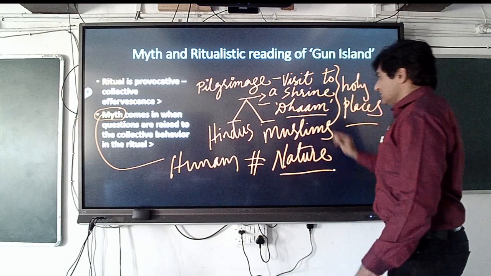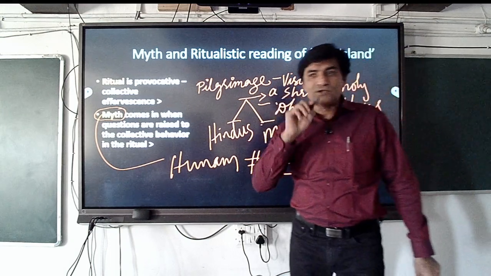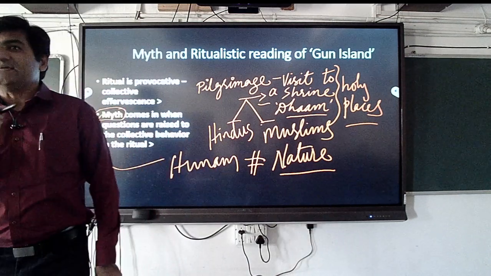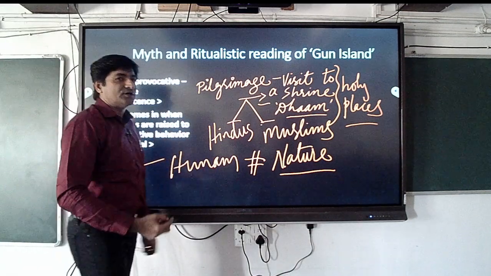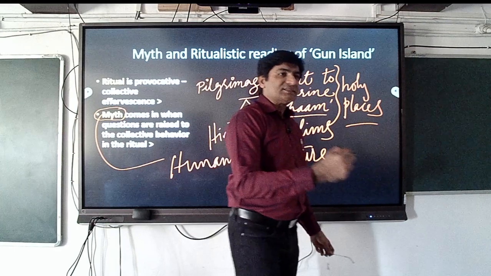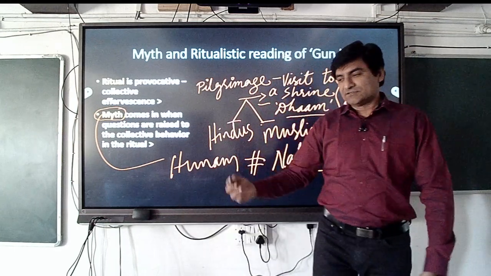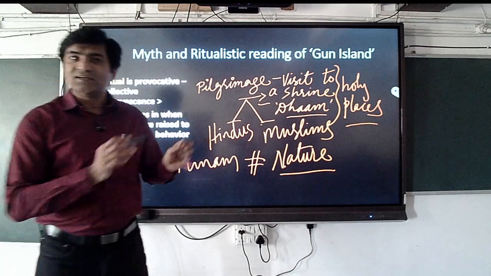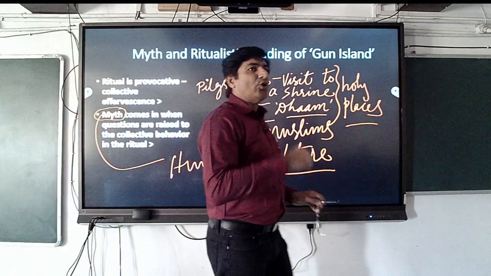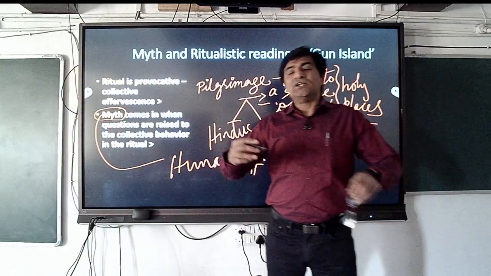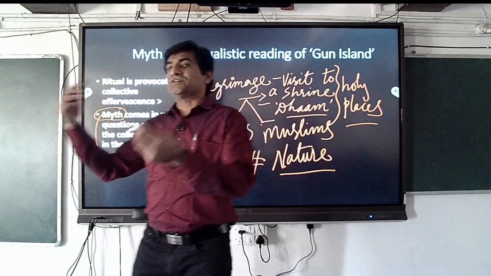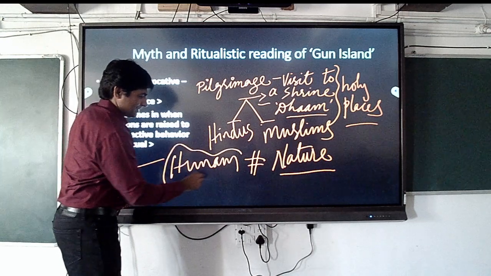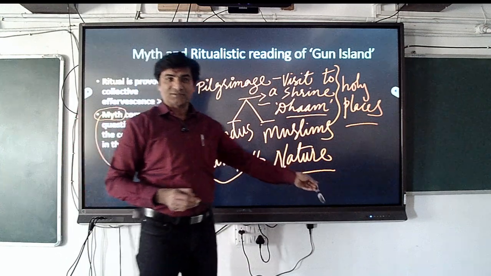So this religious practice is not for a specific deity called Mansa Devi, who is the goddess of Hindus, or Pir Ilyas, who is somebody worshipped by Muslims. So not limiting to either Pir Ilyas or Mansa Devi, but converting those symbols into nature itself. And all the humans are affected by this idea of nature.